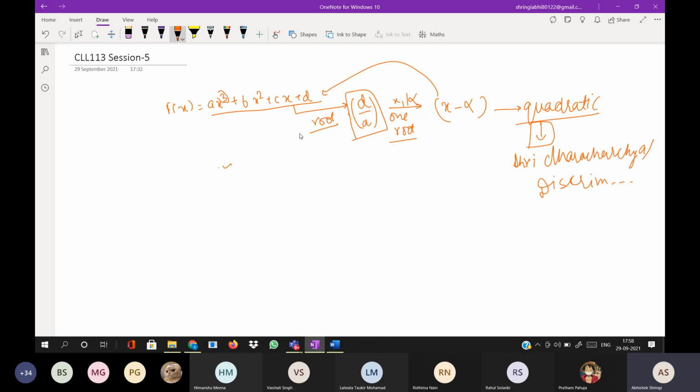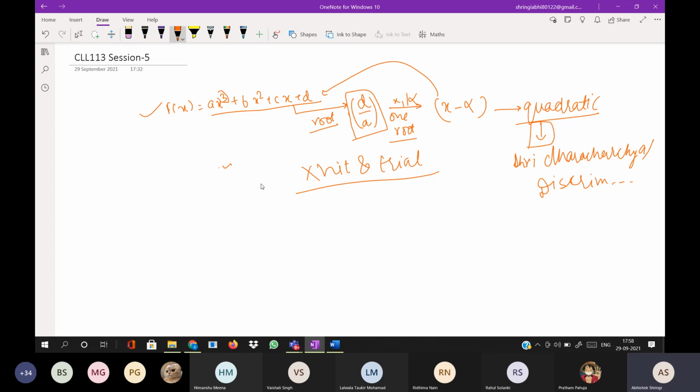A computer can't do hit and trial, at least not by normal programming, so we have to find a new method to find the roots of the polynomial, right? So how are we going to go about it?